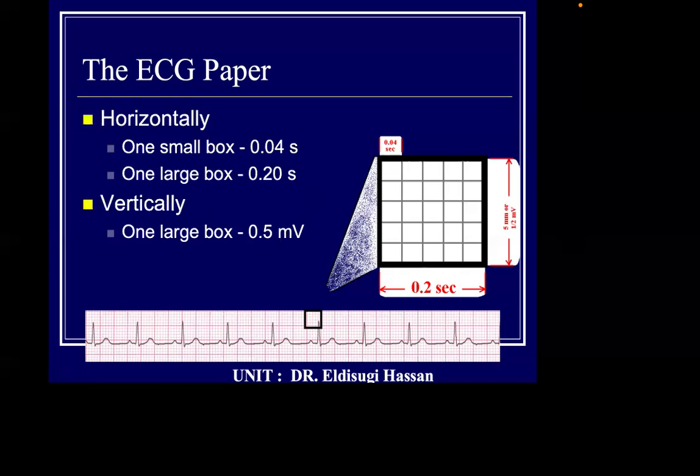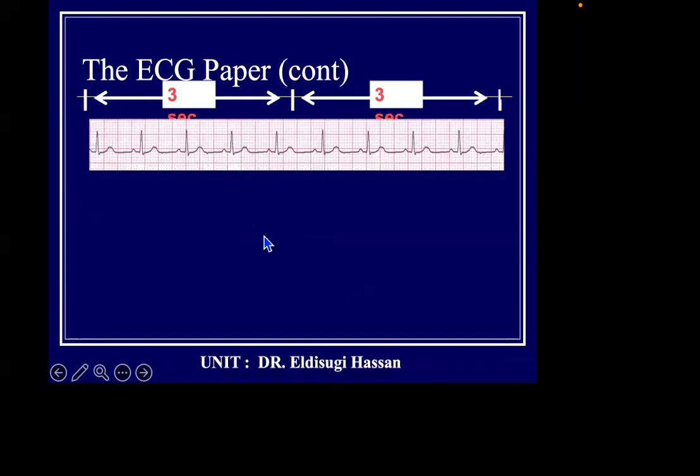If you go vertically, one small box equals 0.1 millivolt, or 1 millimeter, and the large box equals 0.5 millivolt or 5 millimeters. So if we come to the rhythm strip and to analyze the ECG, we have steps.